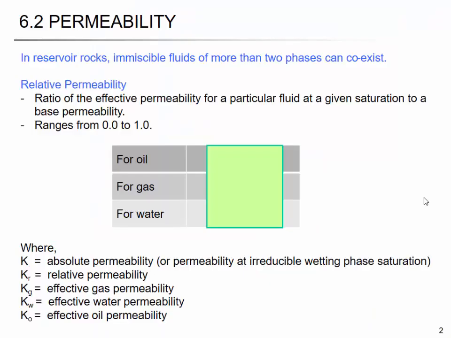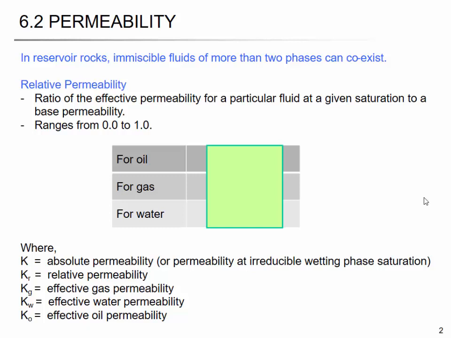So we talked about the single phase permeability, right? And we learned Darcy's law, and we assumed that the porous media, the rock, is fully saturated with water or the brine or oil, just within one single phase.